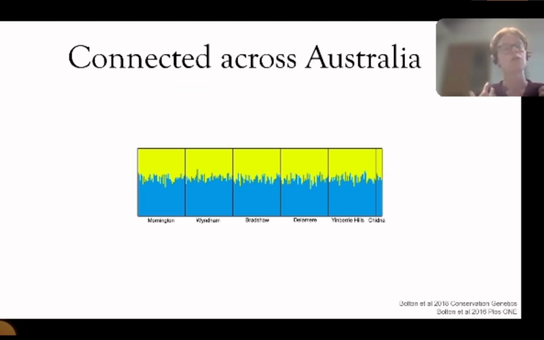So my results: I found that the birds are connected across the range in the northern parts of Australia, all the way from Western Queensland to the western part of the Kimberley, which is an amazing result given the huge distances this covers.